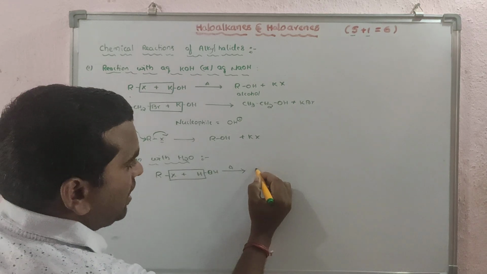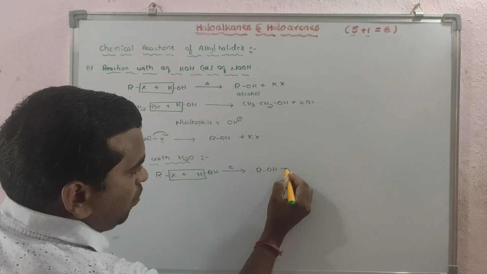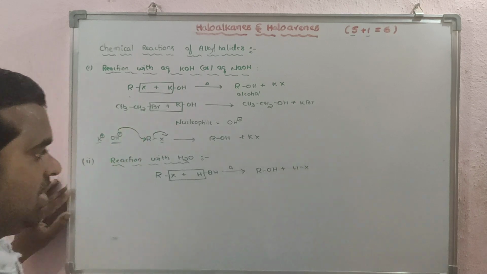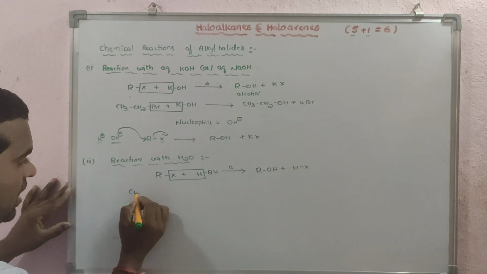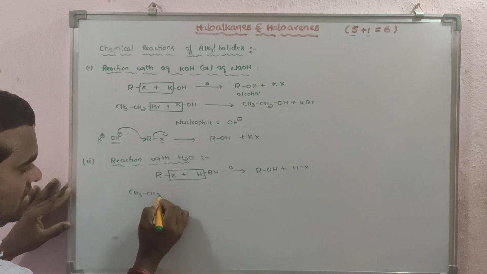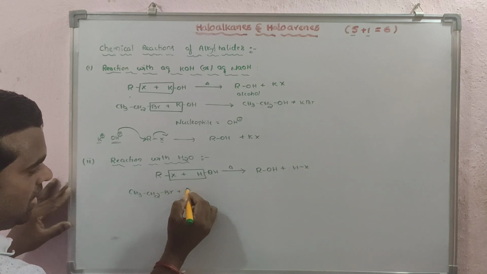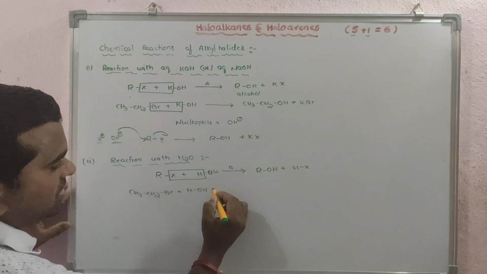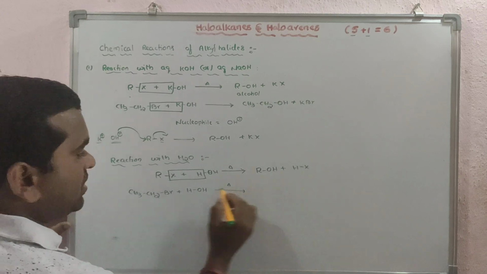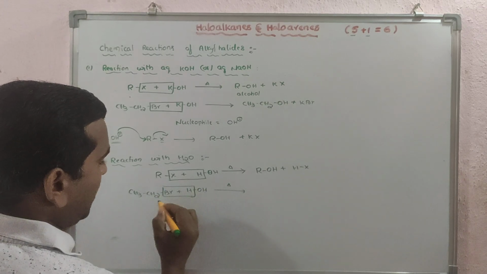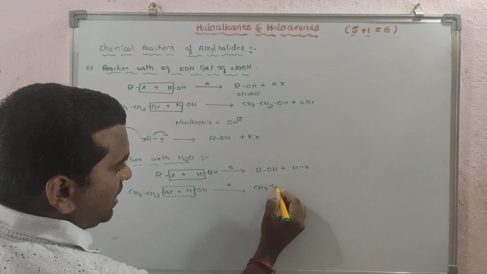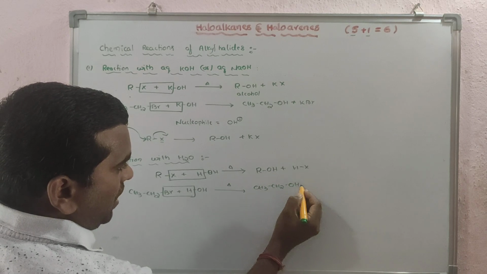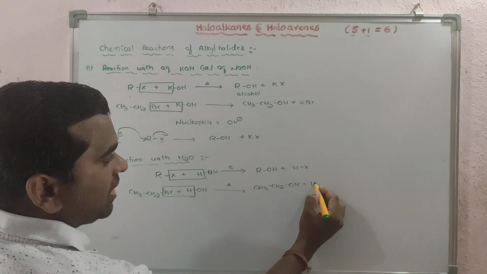Remove HX and you will get ROH plus HX. Simple example: you take CH3 CH2 Br and HOH, heat, then you will get CH3 CH2 OH plus HBr.